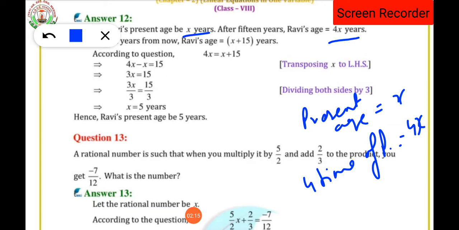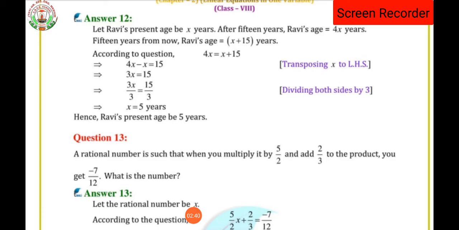Now after 15 years from now, that means X plus 15. So that's why we are taking Ravi's age as X. After 15 years Ravi's age will be X plus 15, and also 4 times Ravi's age will be 4X. Clear? So here we got the equation.